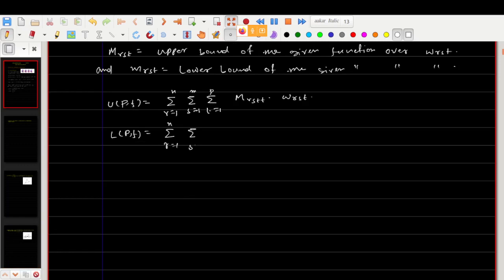And I hope you are now getting the idea why I am doing all these things, because in the case of the Riemann integral, it is just a single variable, only one summation. For double integration there are two summations. Now for triple integration it is three summations, and in general this quantity will contain many summations.